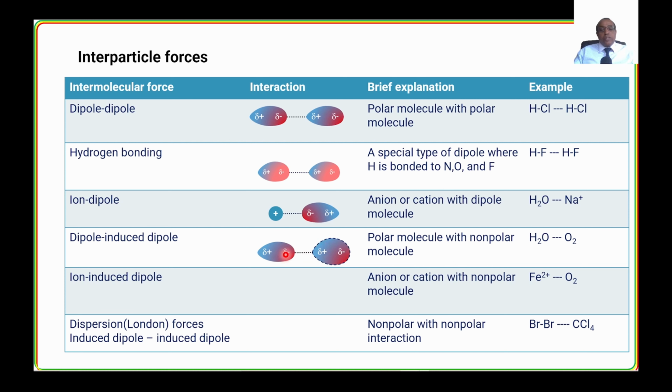So you would expect attraction between this permanent dipole and this temporary dipole, which is formed by induction. So there is dipole-induced dipole interaction. This is observed between polar molecules and non-polar molecules.